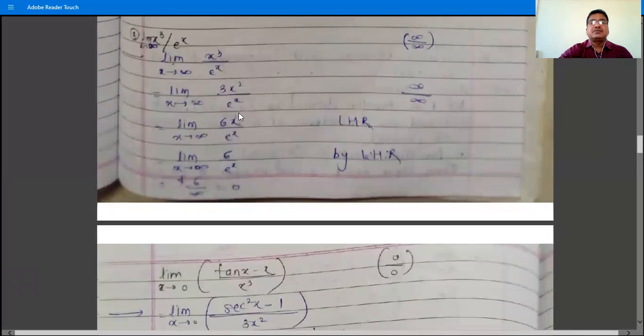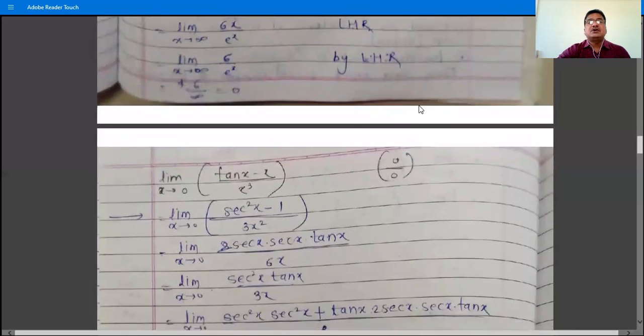So apply L'Hospital's rule. The derivative of x cube is 3x square, and the derivative of e raised to x is e raised to x. Now if we substitute x as infinity, again we have infinity by infinity form.